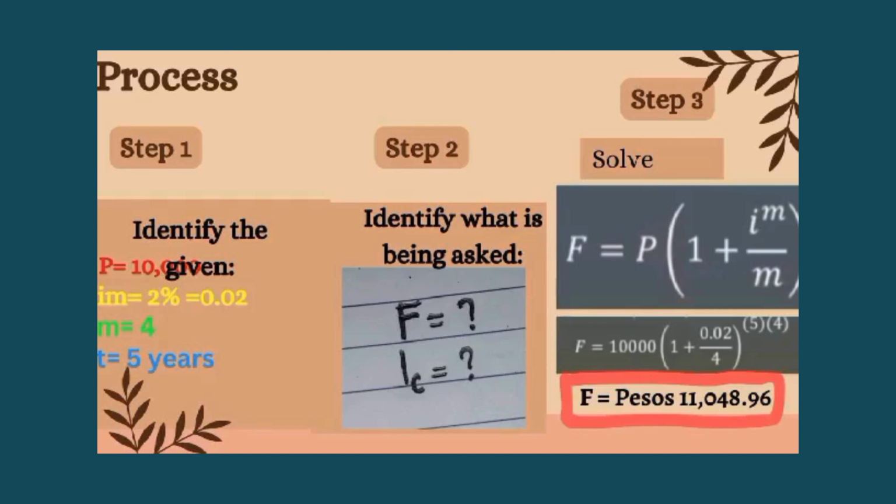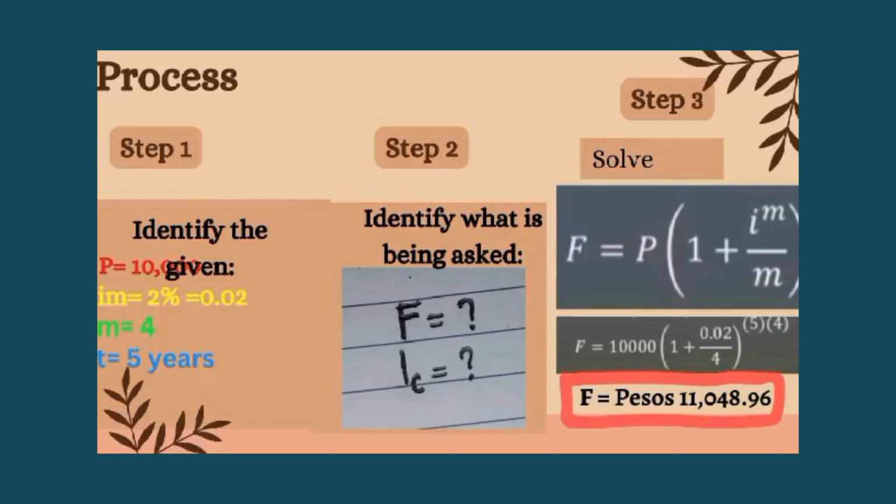Step 2 is to identify what is being asked. So let us identify what is being asked, which is the future value. So next is to solve the problem. Step 3 is solution, which is you only copy the formula. F is equal to P, open parenthesis 1 plus IM over M, close parenthesis. So write the given.